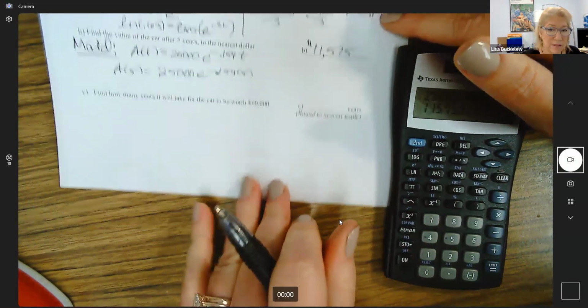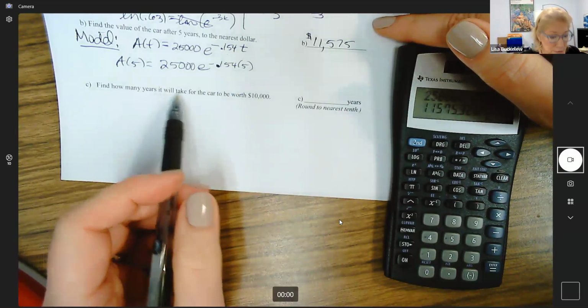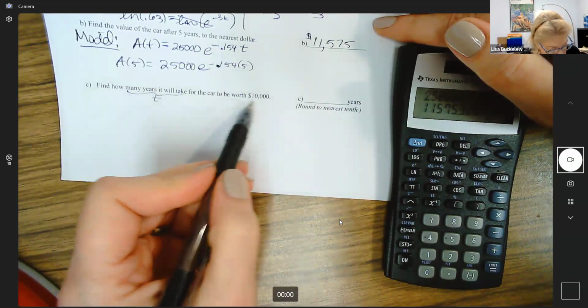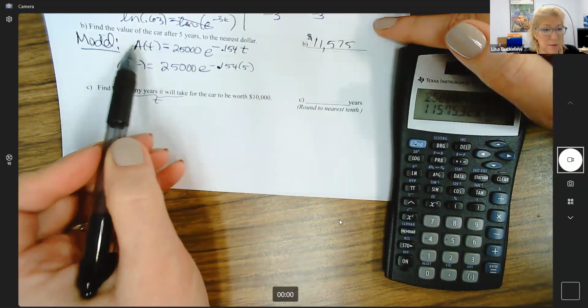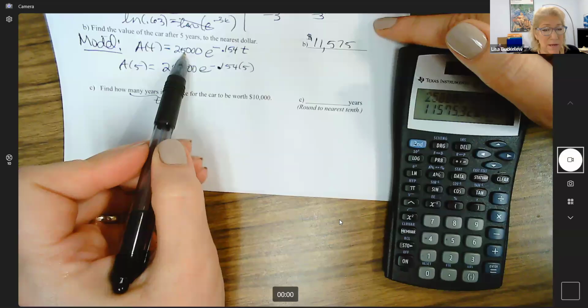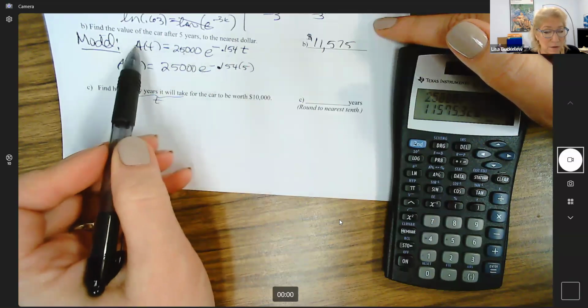All right, and then the last question is setting up an equation. Find out how many years it will take, so that means find t, for the car to be worth $10,000. So the value of the car at different points in time is over here. It always starts with the initial value of the car is 25,000, but at different points in time it's going to have different values, and you put those other values over here.